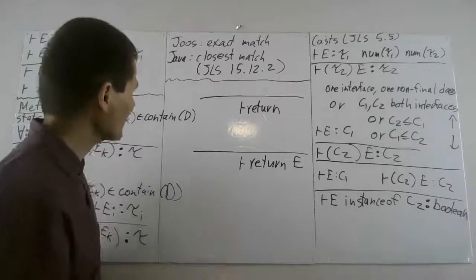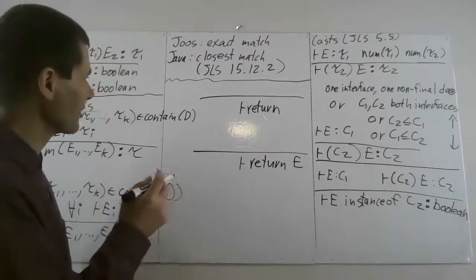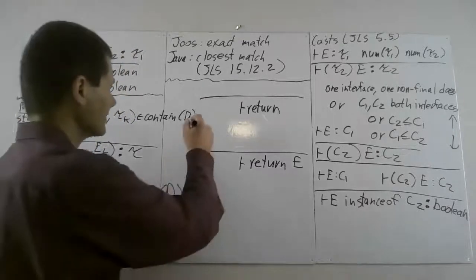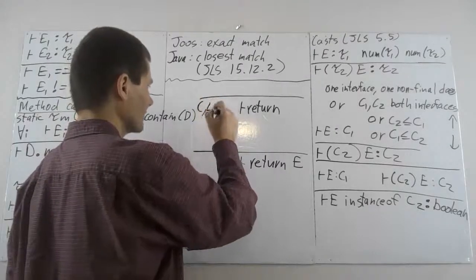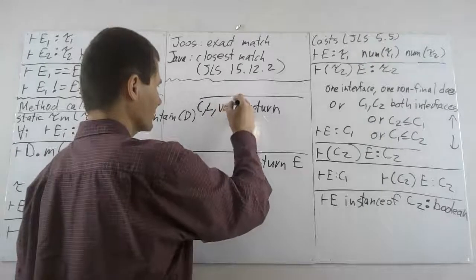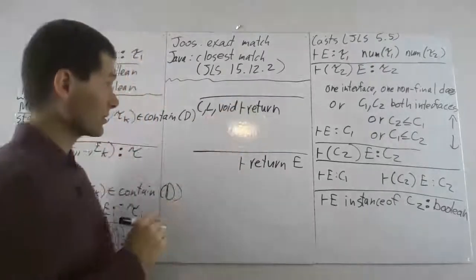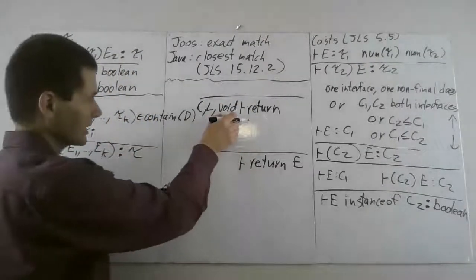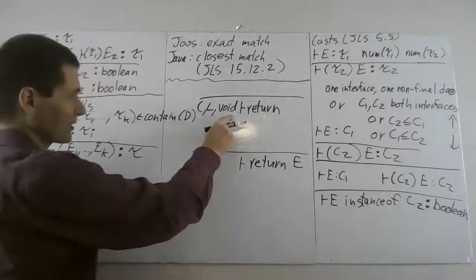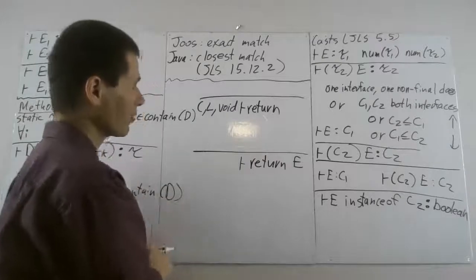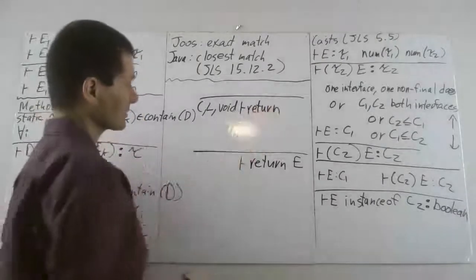Okay, and I mean, it was a while ago, you might not remember, but in the context that we have for type checking, one of the three elements is the return type of the current method, and that's that third one. So if the return type of the current method is void, then you're allowed to say return.